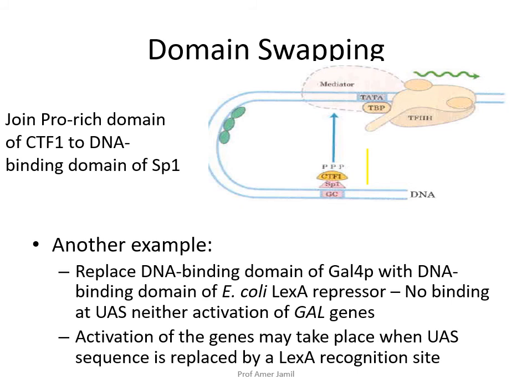Another very common example is replacing the DNA binding domain of Gal4p with the DNA binding domain of the E. coli lac repressor. If we do this, we won't see any binding at UAS and neither activation of the GAL genes, because it contains the DNA binding domain of the lac repressor.